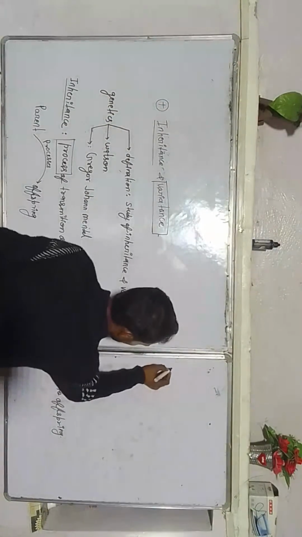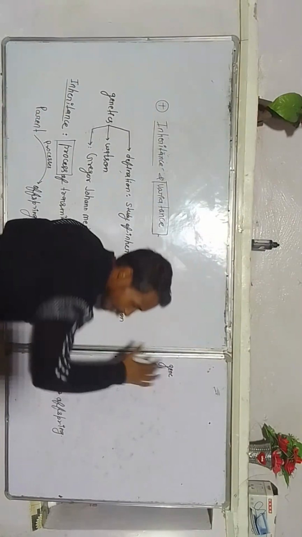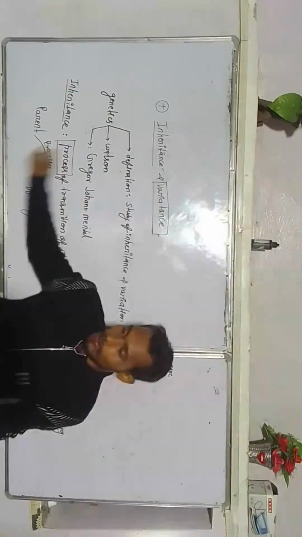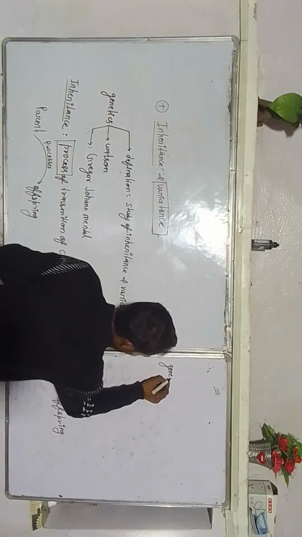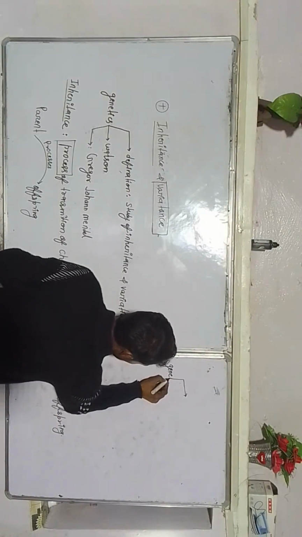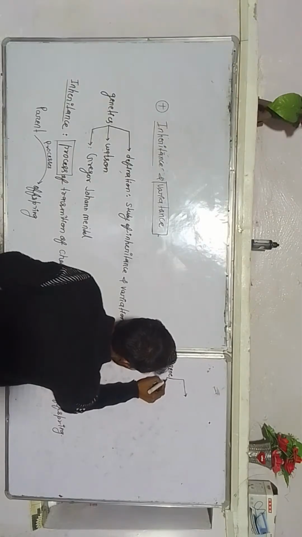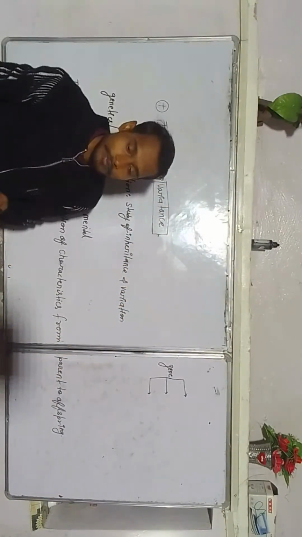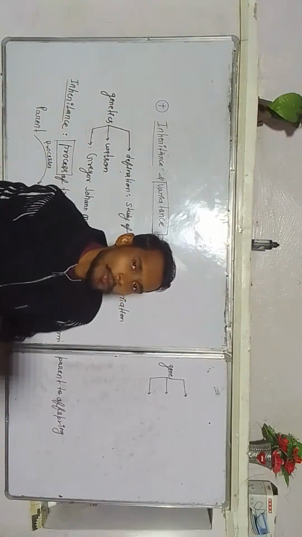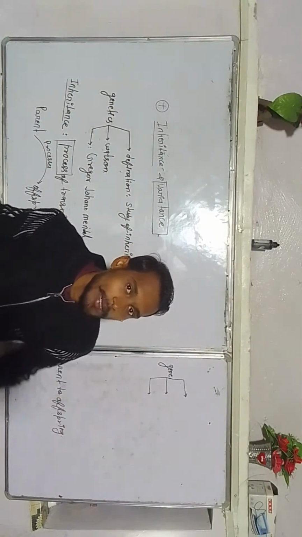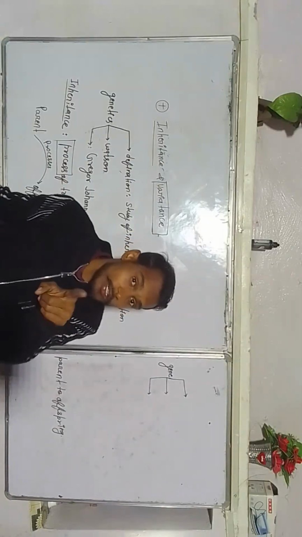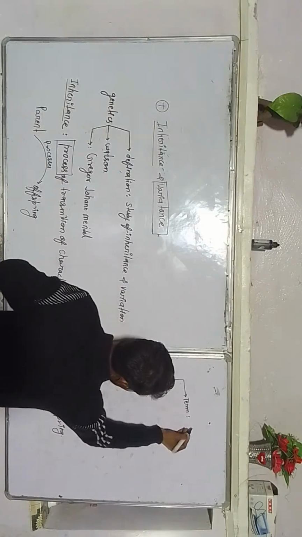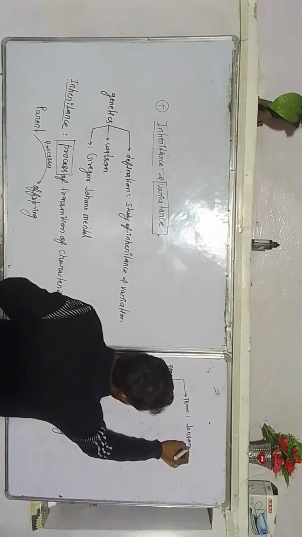Now, gene. What is gene? Genes are factors which create variation. The term gene was given by Johnson.